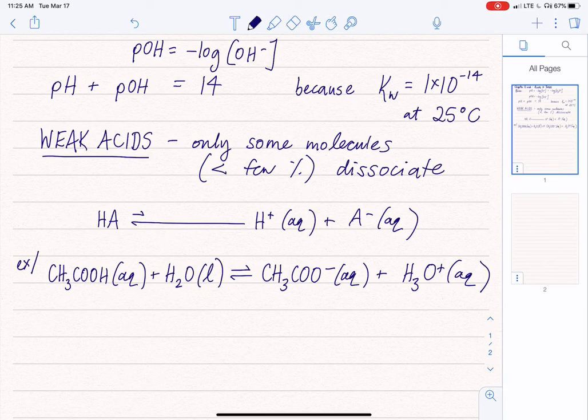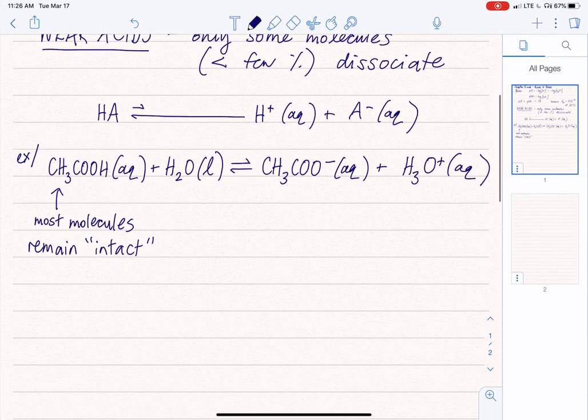Now, most of the molecules remain intact. So I'm going to say they remain intact, in quotation marks. What I mean by intact is that it keeps the proton on. So you really have very few of the molecules actually dissociating into ions.